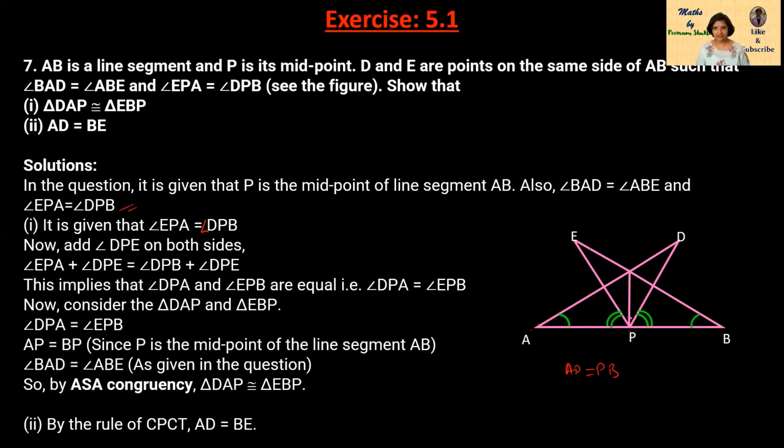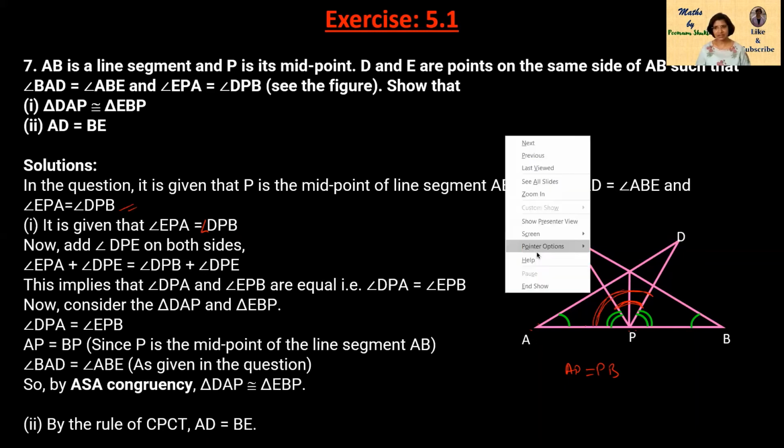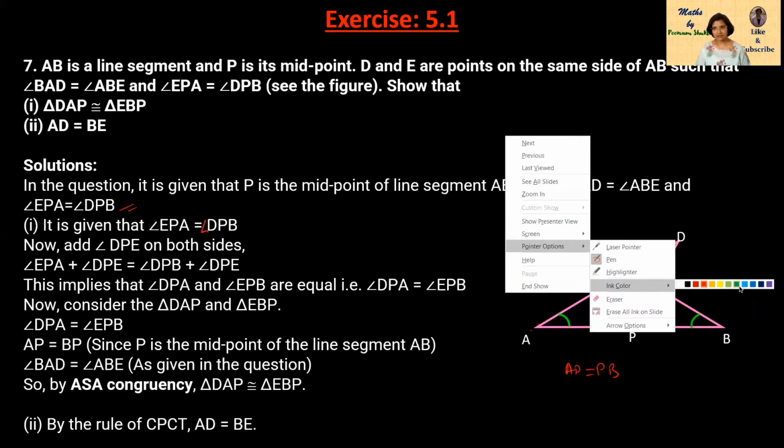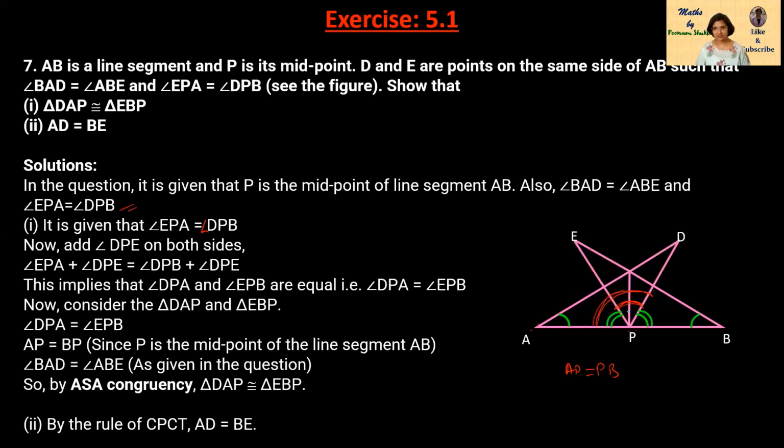DPE, which is not given. This in-between angle, which is not given, we are adding to both the angles, right? When we are adding, then they will also be equal. So now it became this. One will become this angle and another will become this, from here to here, right? So these two angles will be equal.